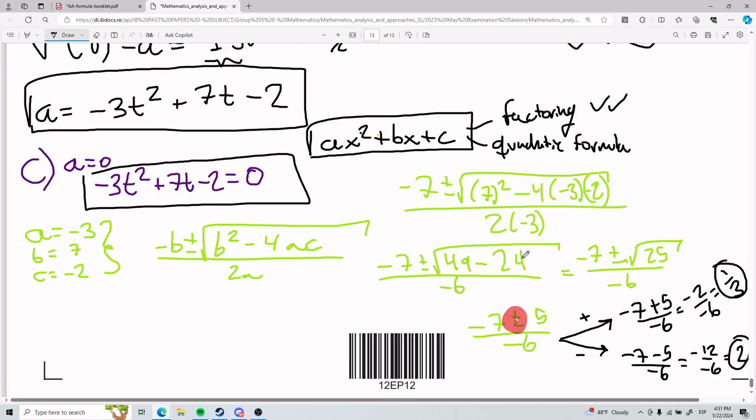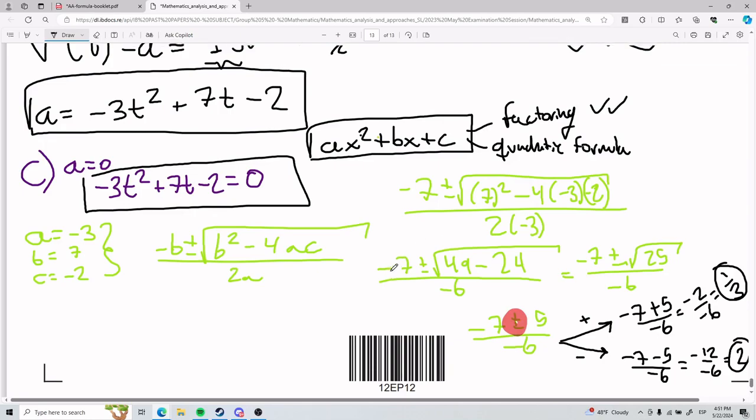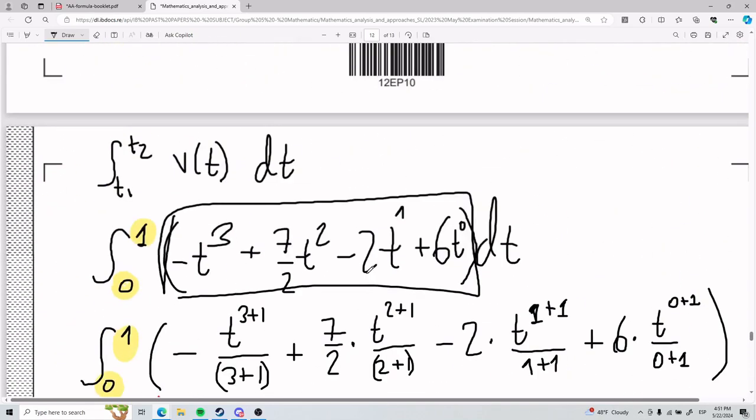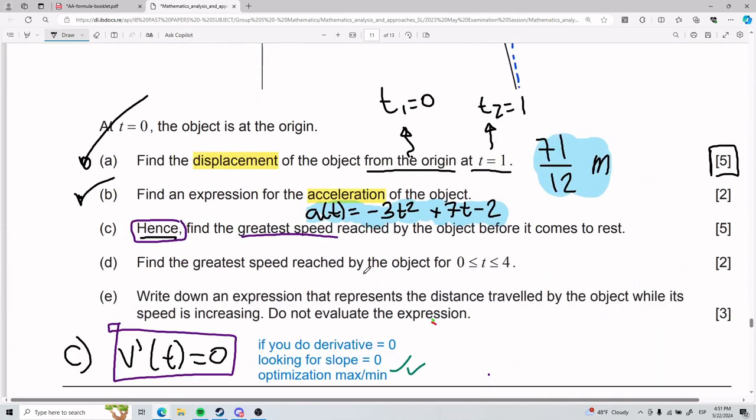And so basically what it's saying here is that you reach a maximum. Here's the thing. Let me be a little bit more clear. So the greatest speed is reached at t equals 1 over 3 or t equals 2.